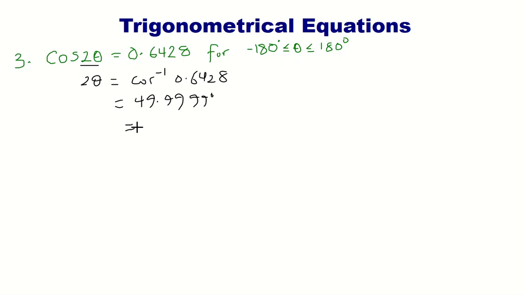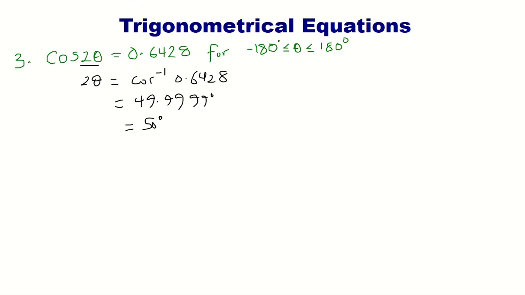I'm going to approximate it to 50 degrees. So this is 2 theta, but our question wants theta. We want to find the value of theta, so we are going to find values of 2 theta and then divide them by 2 to give us theta. To make sure we don't miss out any value, let's find out the limit of the 2 thetas that we are finding.